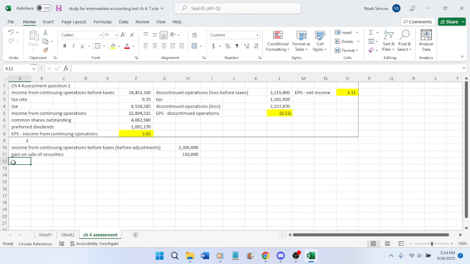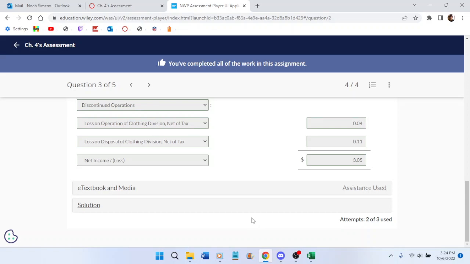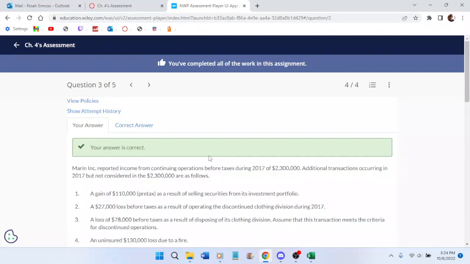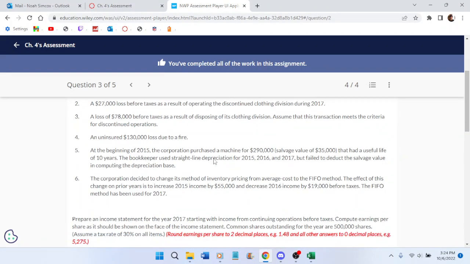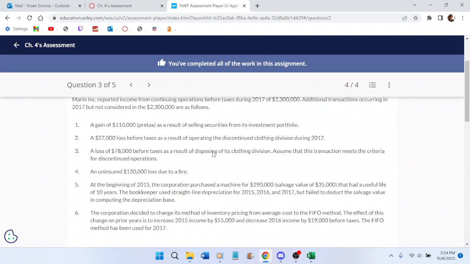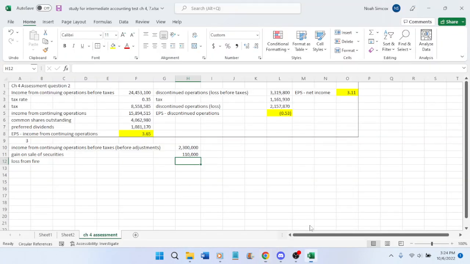Loss from fire is negative 130,000. Okay, save.